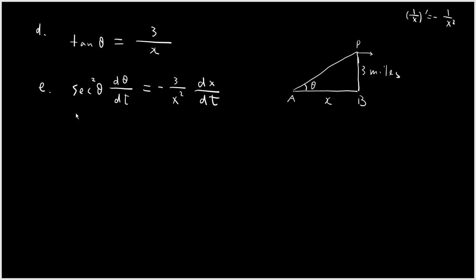I want to repeat, the equation in item number E gives you a relation between the two rates. One rate is the rate of change of theta, the other rate is the rate of change of x. So the two rates are related. This is the relation between the two rates at any moment, at any time.